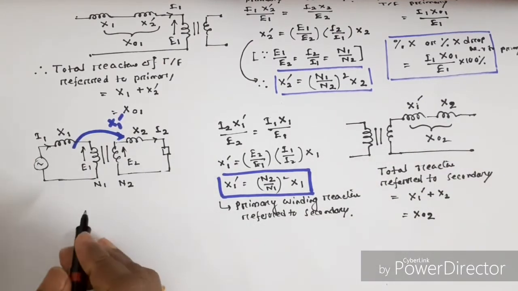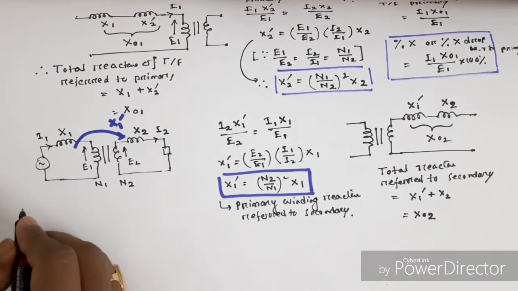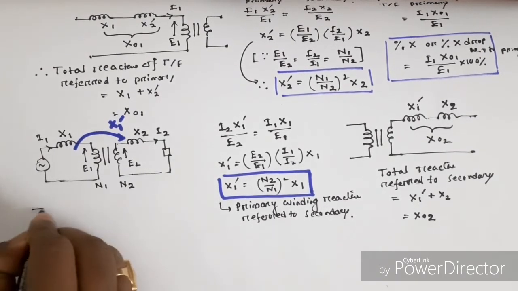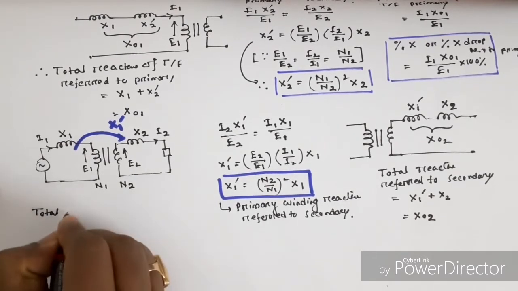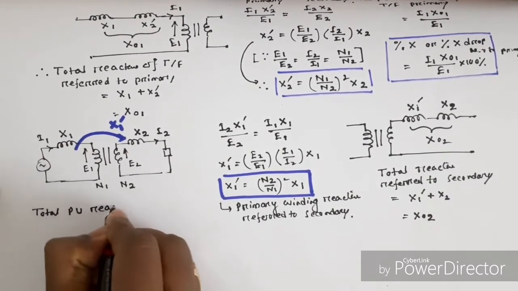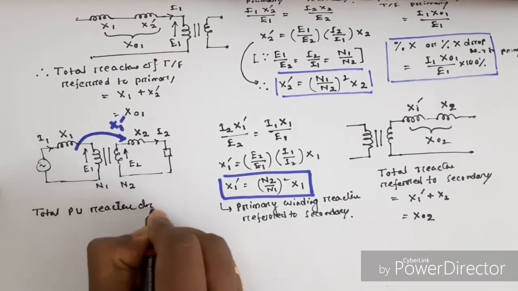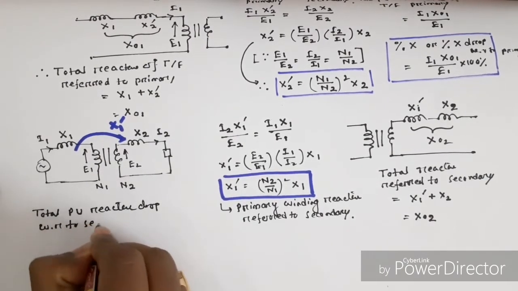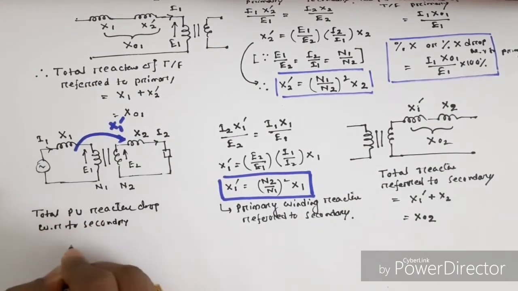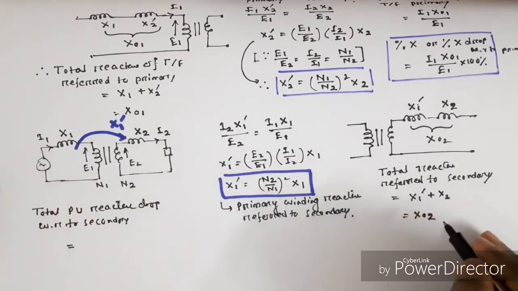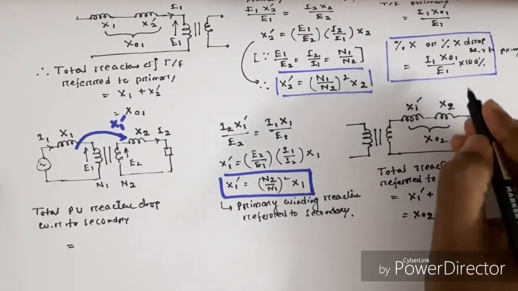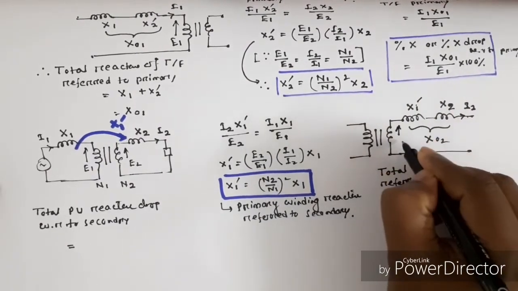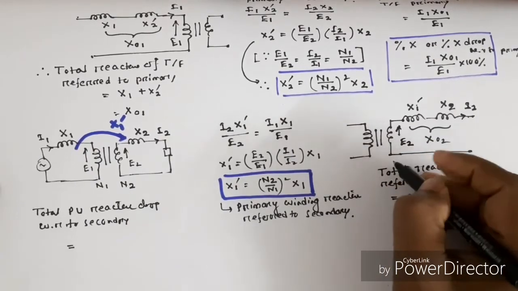Therefore you can write down total per unit reactance drop with respect to secondary is equal to the current, here secondary current is I2 and induced EMF is E2.